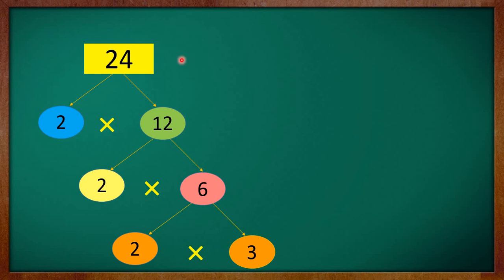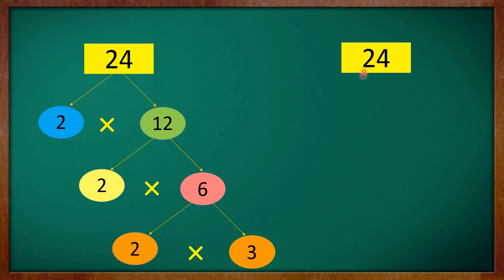Kids, can you think of some other way to make a factor tree for number 24? Yes, you may build a factor tree for number 24 using other factors of 24. If I divide number 24 by 4, I'll find that it is completely divisible by 4.